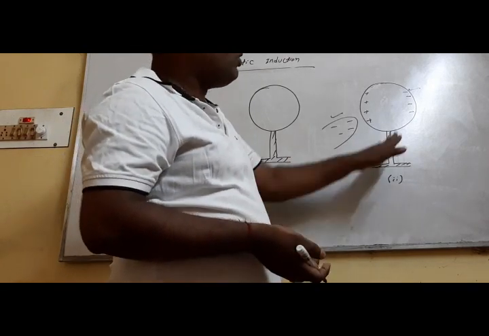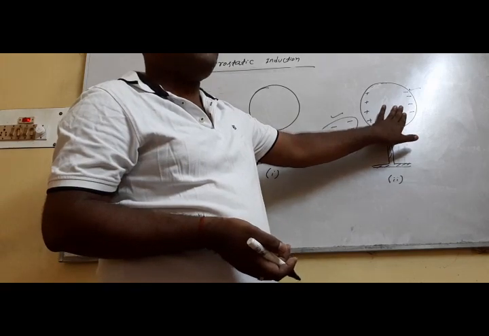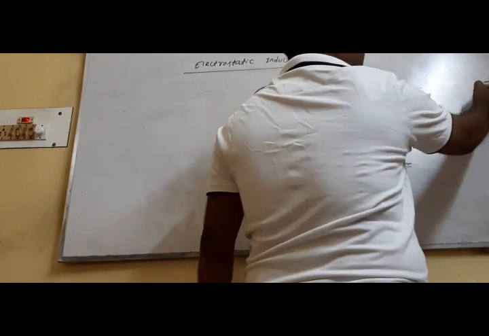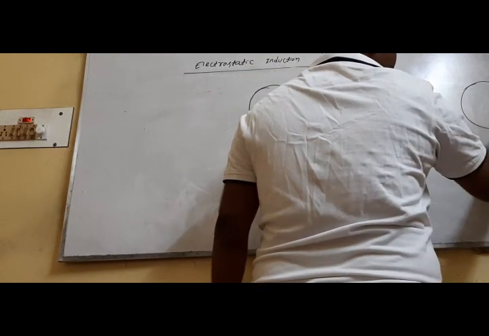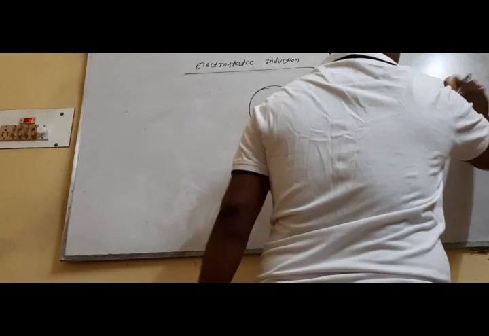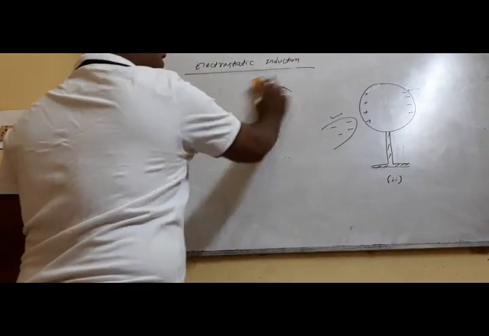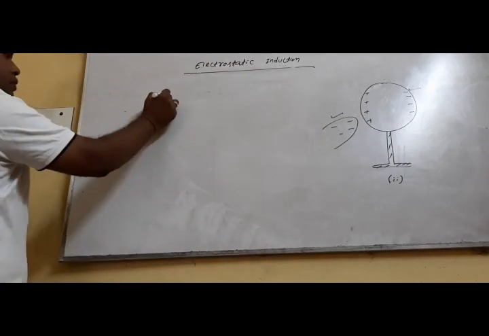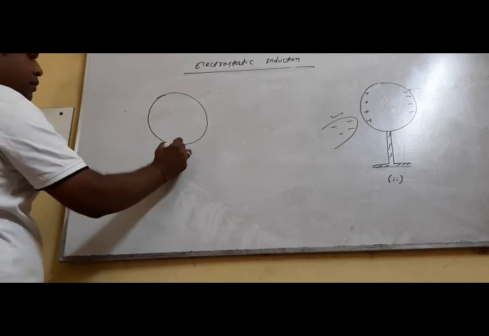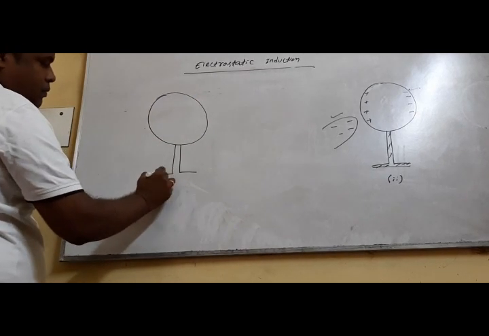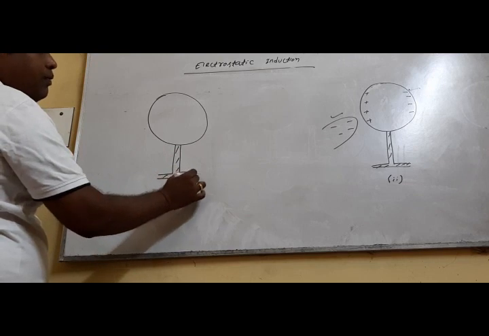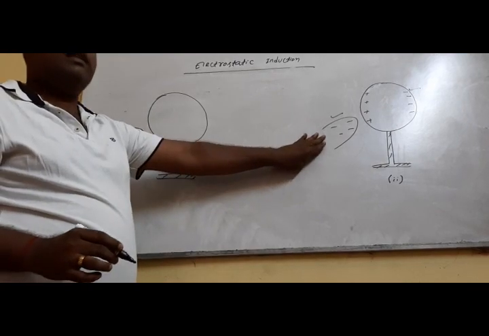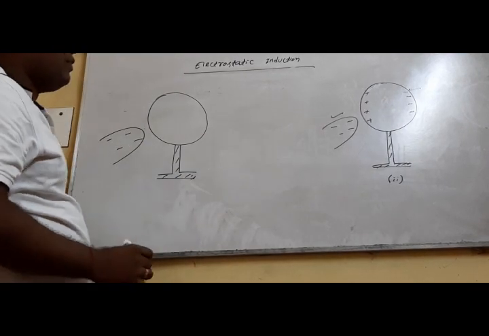The third step is to eliminate this negative charge. So how do we eliminate it? By the method of earthing. This is the second step. Now the third step. This charged body you have to keep fixed.